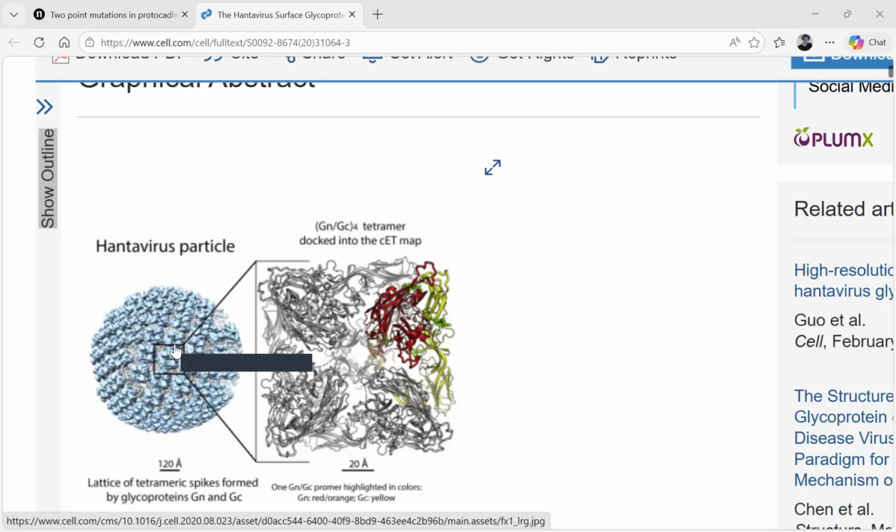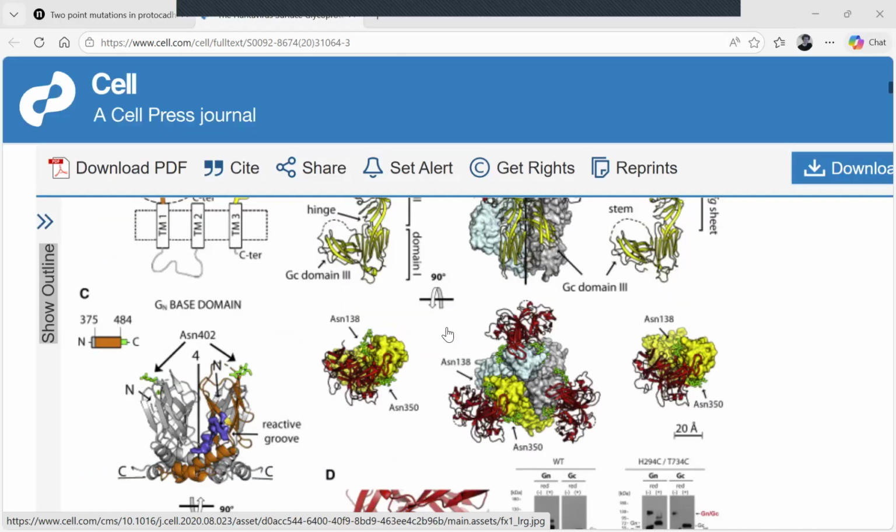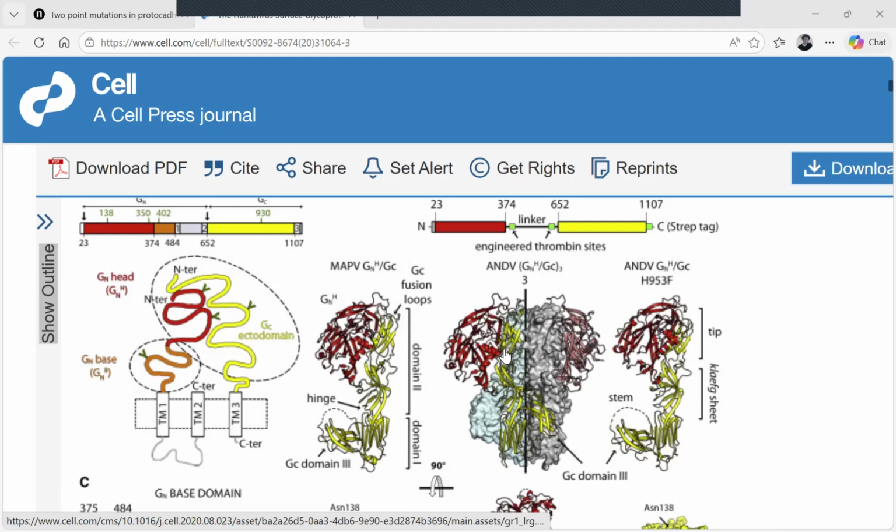Those are important to know. Now, I think that would give you a basic overview of the bare bones of what you need to know in terms of what the spike is. That spike is the GN and GC tetramer. And what makes up the tetramer is the GN and the GC, and it's shaped like this, right? And the attachment of the protocadherin from the cell is the EC1 location.